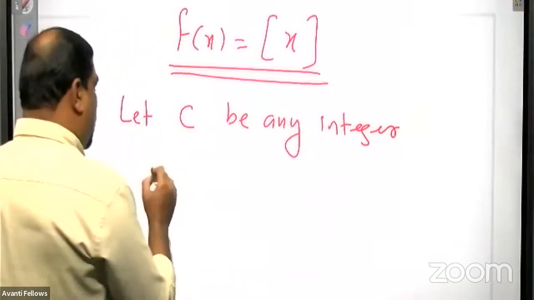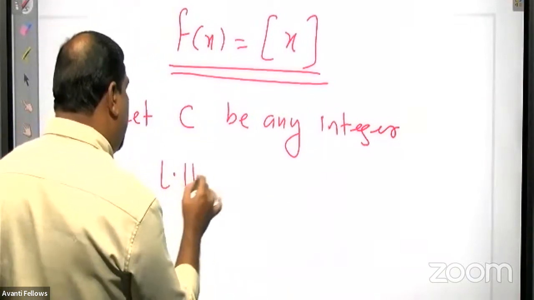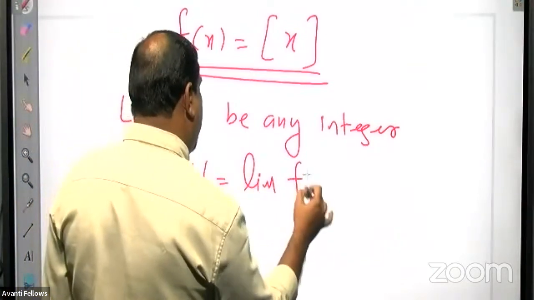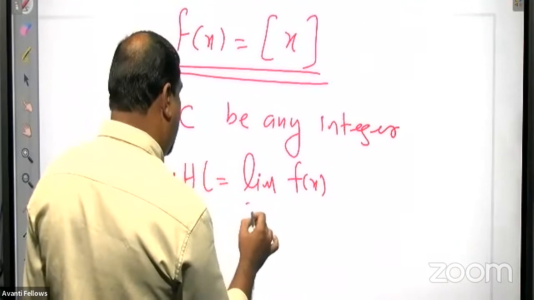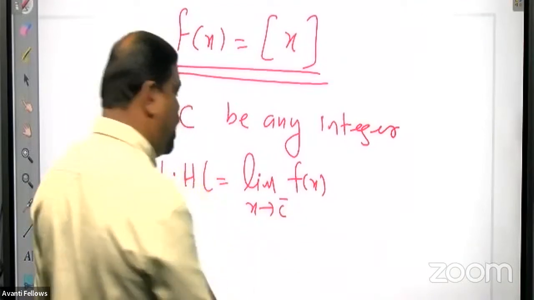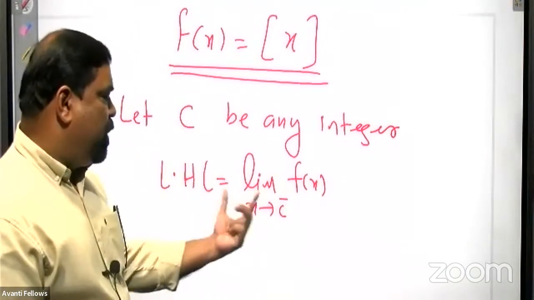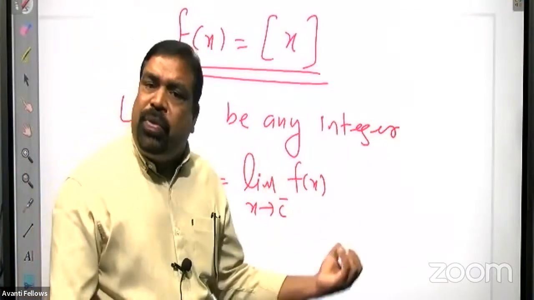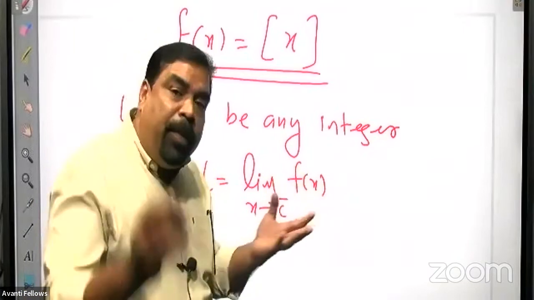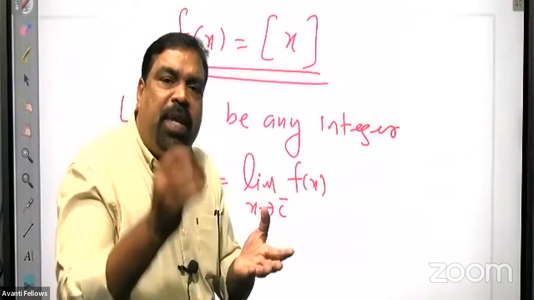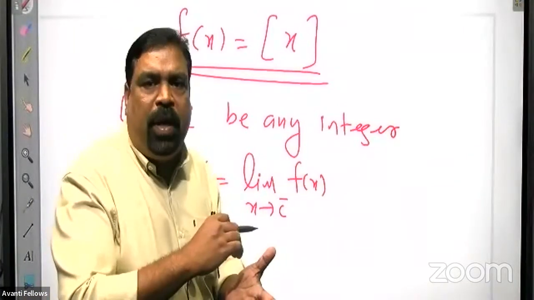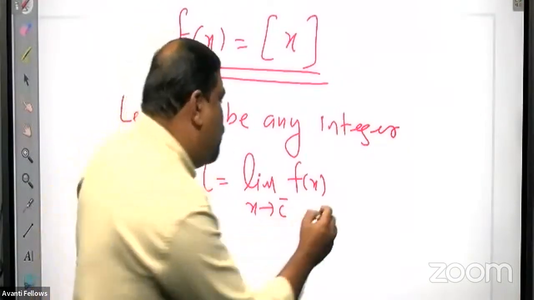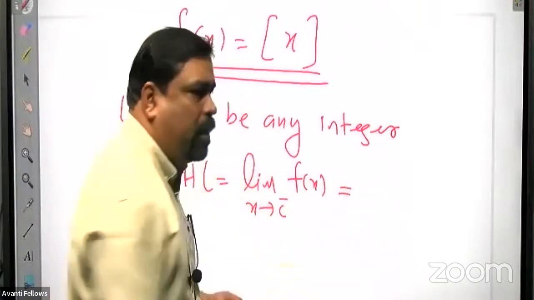Now let us evaluate the left-hand limit at the point C. That is x tends to C minus. It indicates that x takes values very close to C, but from the left side of C. So what will be the left-hand limit then?